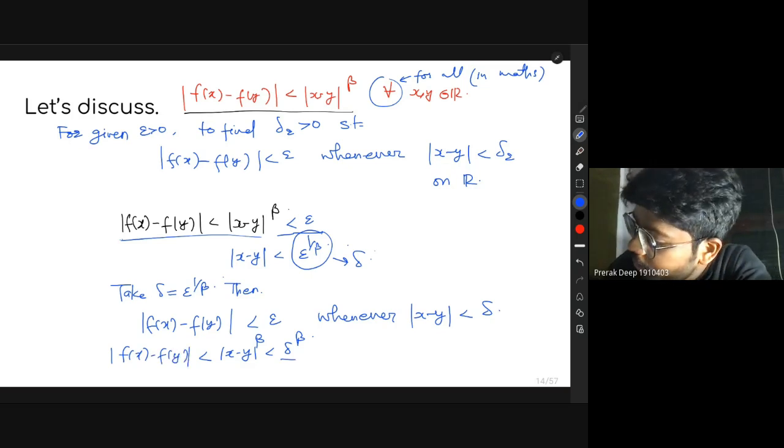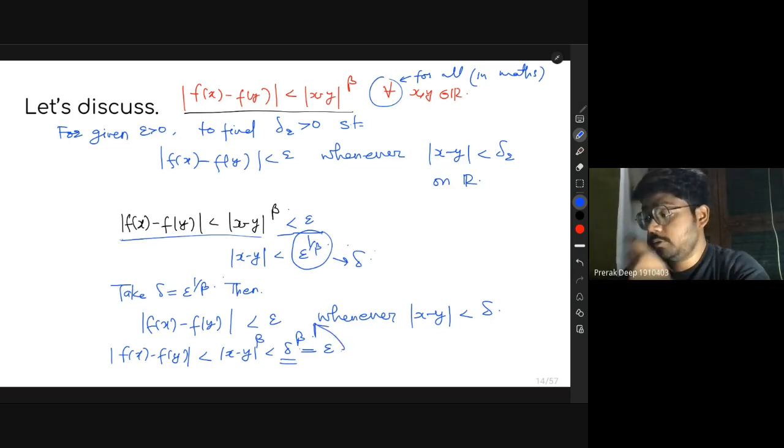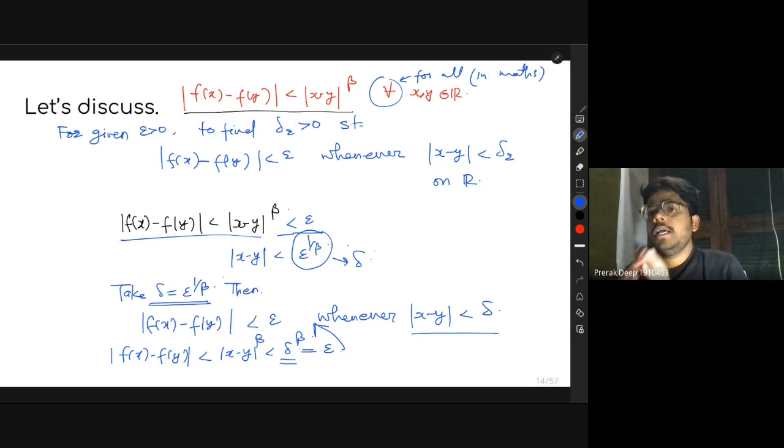Correct? And now this thing is what? This is epsilon. So this thing will be implied whenever you assume this. In other words, you have found a delta completely depending on epsilon for which this condition is satisfied. So you were asked to find such a delta, and you have found it in terms of epsilon. This proves that your function f is uniformly continuous.